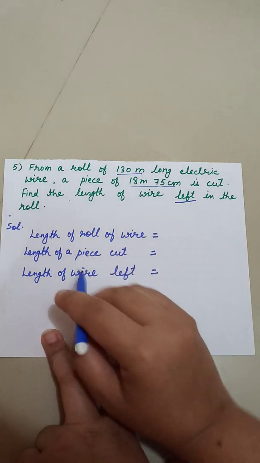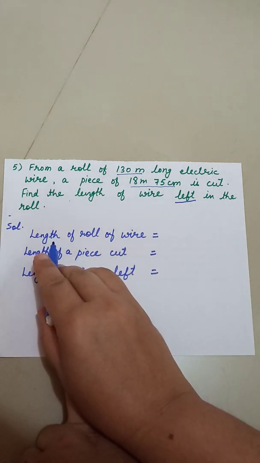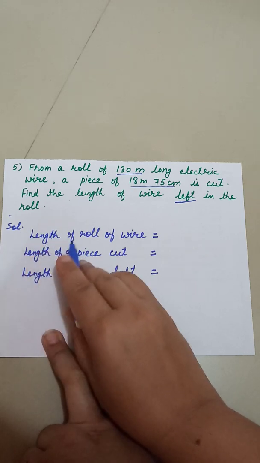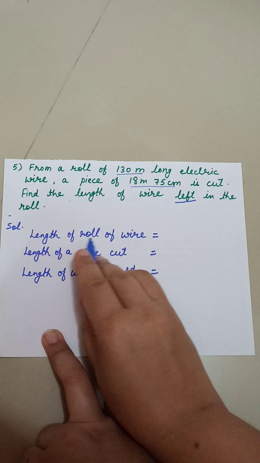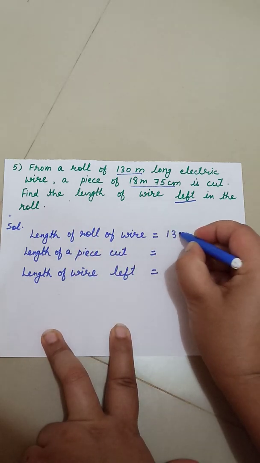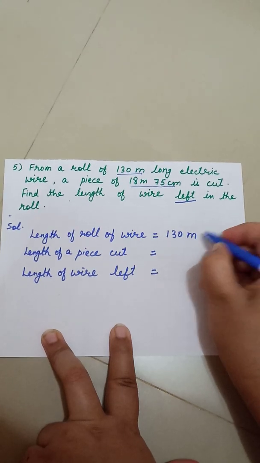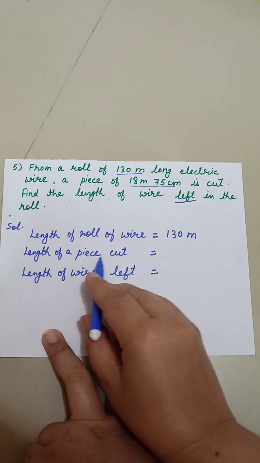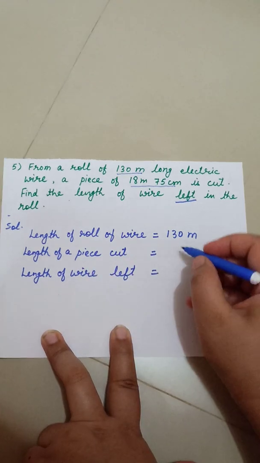So see, you have to write down the statement. So first of all, length of roll of wire. What is the length of roll of wire? That is 130 meter. And now length of a piece cut. What is the length of a piece?